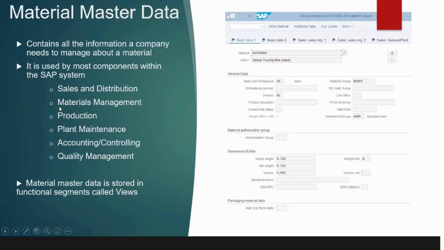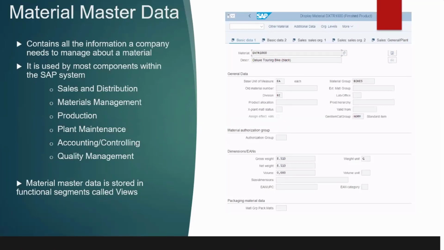We can use it in sales and distribution, we already saw this. We can use it in material management because it is controlling or managing the stock, and the purchasing. We can use it in production because we are producing materials, finished product. We can use it in plant maintenance because we use some spare parts and the repair in order to maintain the machines.